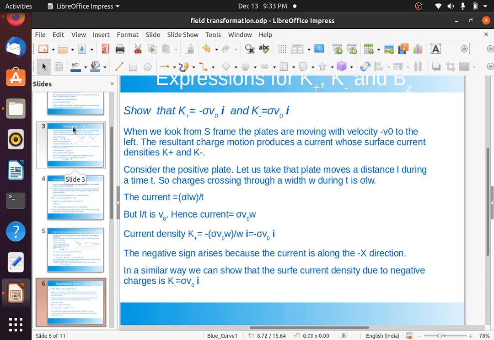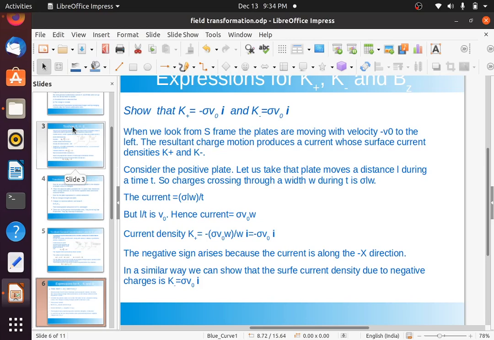Then we have to consider the magnitude of K plus. Consider the case of the positive plate, when it is moving, and let L be the length of the plate.